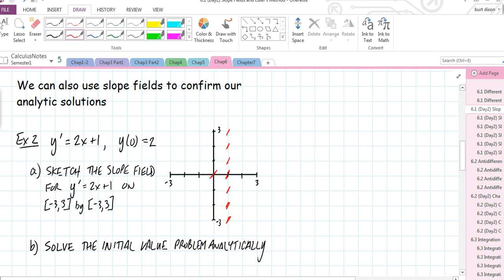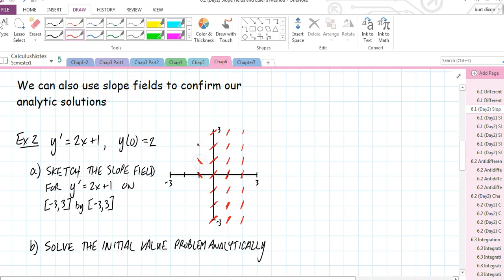So the first one that I calculated at the origin had a slope of 1. Well, that's going to be true anytime the x coordinate is 0. So 0, 1, 0, 2, 0, 3, those all have a slope of 1. 0, negative 1, 0, negative 2, 0, negative 3. As long as x is 0, the slope is going to be 1. If x was 2, my slope would be 5, so we're getting very steep now. So these are all 5s. And then moving over into the negative direction, if x is negative 1, then we're going to have a slope of negative 2 plus 1 would be negative 1.